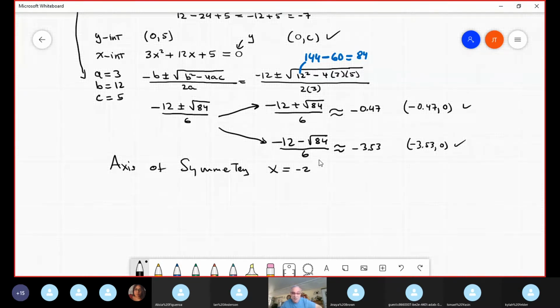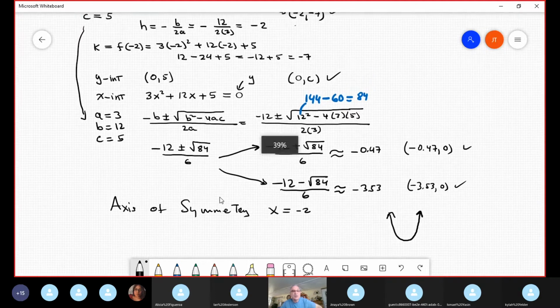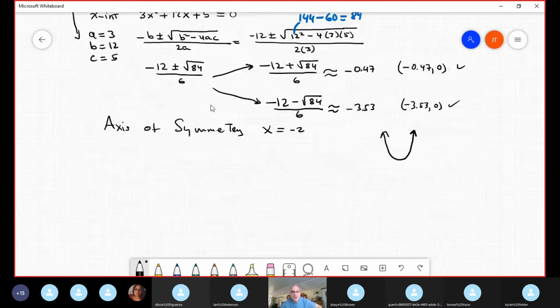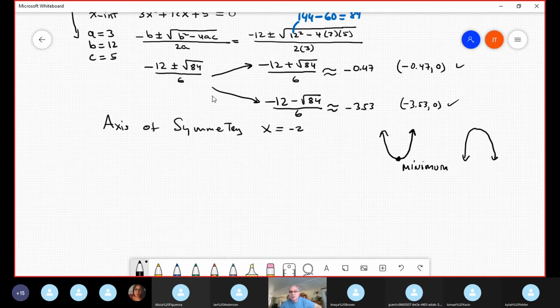Suppose, in this case, the parabola opens up. How do you know it opens up? Because A is 3, A is positive. So when this situation happens, we have a minimum at the vertex. In the totally opposite situation, the parabola opens down, so we have a maximum here.